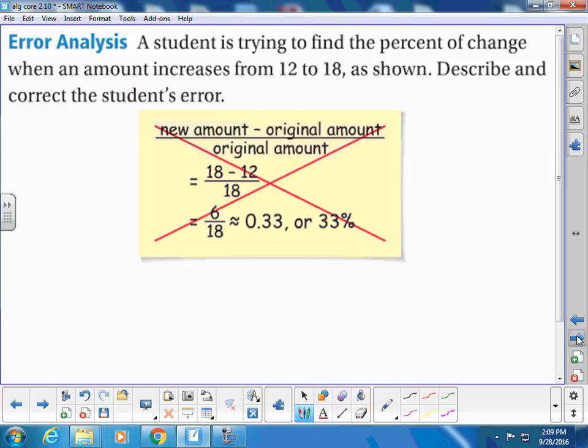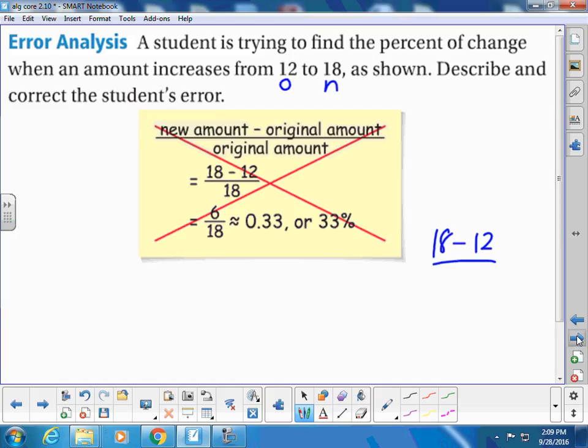So this is the original and this is the new. Let's see what she did. She took the new amount minus the original amount, which is 6, divided by the new amount or the original. What should it have been?